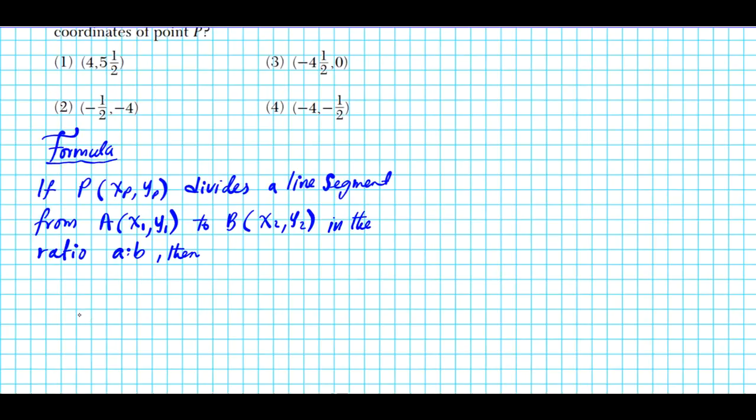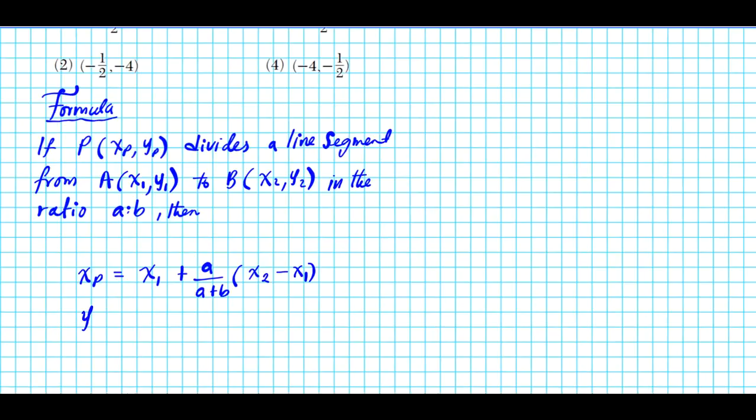x sub P is going to be x1 plus A over A plus B. So x1 is basically the x coordinate of the first point, which is A, and A over A plus B is a ratio of the distance from x1 to x sub P. So multiply that by the entire length to get the exact distance, x2 minus x1, basically the run because you're going in the x direction.